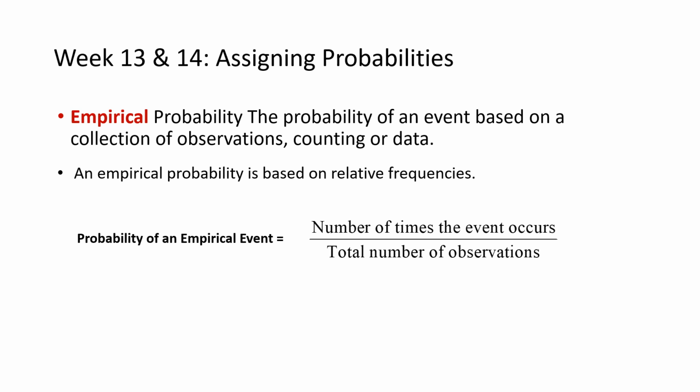Our denominator would be 1,000. And then the number of times each event occurs. So out of those 1,000 observations, something has occurred 27 times, then we would have 27 over 1,000, right? And again, that would produce a number between 0 and 1.